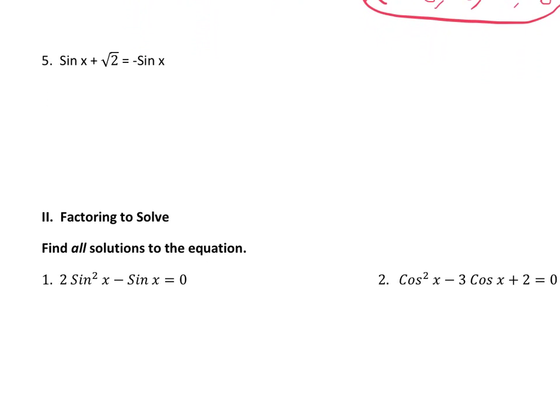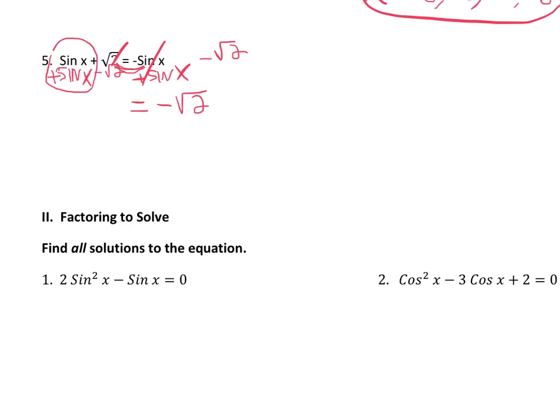Number 5 looks a little different than the first 4 because it's not set equal to 0, but we can still isolate sine. Really, I could just swap these 2 values to get sine by itself. So I could add sine of x to the left side, and that cancels it on the right. Then I'm going to subtract root 2 from both sides, so I'm going to have negative root 2 here.